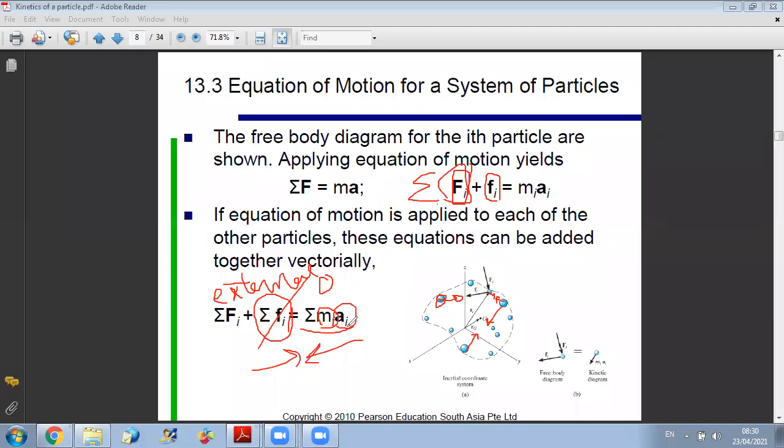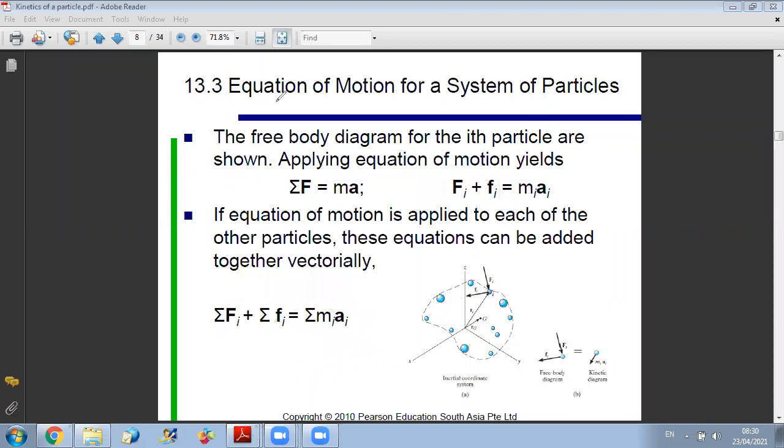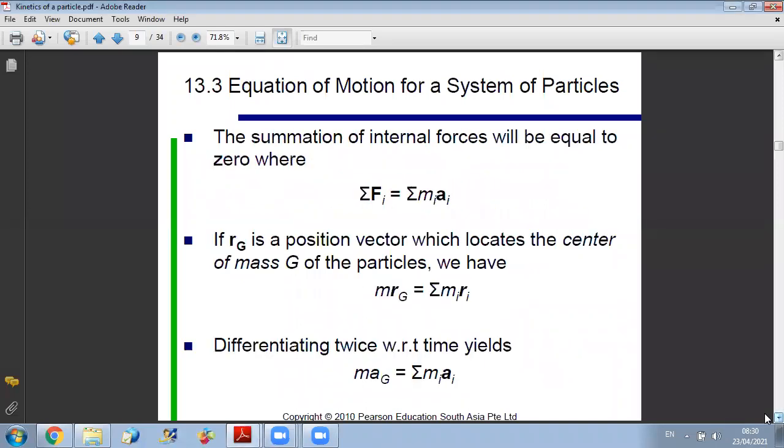Now, how to deal with this term? What is the sum of mi ai? We will see together that we can replace this term by the total mass times acceleration of G, which is the center of mass, because if you remember in the statics part, we have seen already this relation. If I want to find the center of mass, we saw it then for the center of area, if you remember. By definition, total mass times position of center of mass is equal to summation of mi Ri.